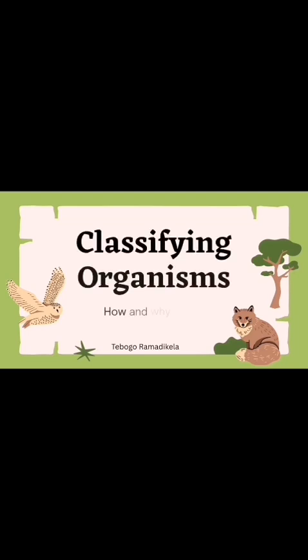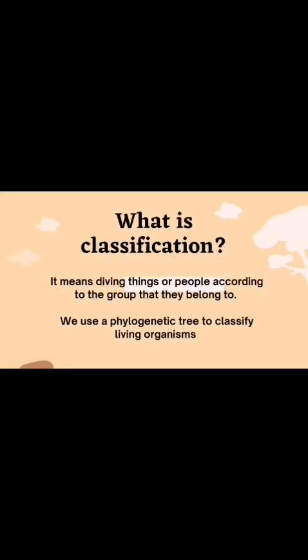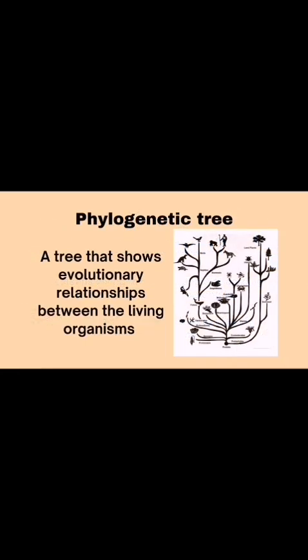So grade 11 learners, let's do a quick recap of the things we did today during our life sciences lesson about the classification of living organisms. So what is classification? We said that classification means dividing things or people according to the group that they belong to. We use a phylogenetic tree to classify those living organisms.